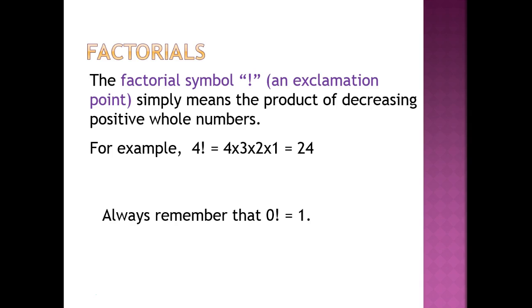I'm going to show you how to do these easily, of course. One thing that I want you to remember, students sometimes get confused, but 0 factorial is always equal to 1. So 4 factorial is 4 times 3 times 2 times 1, which is 24. 3 factorial would be 3 times 2 times 1, which is 6.